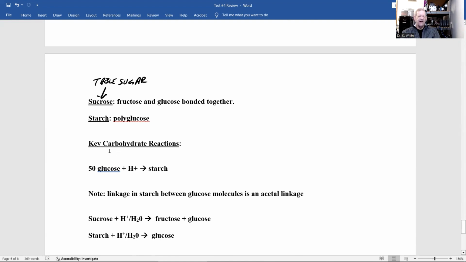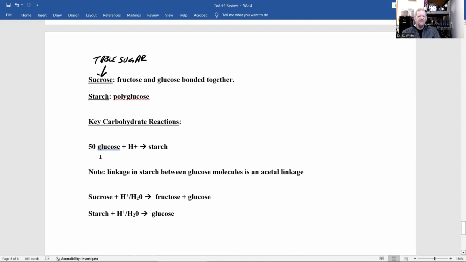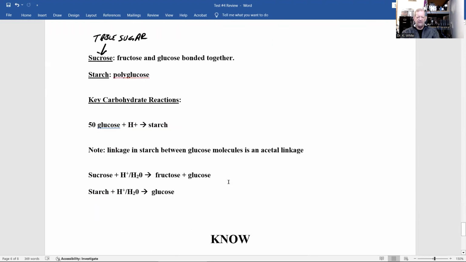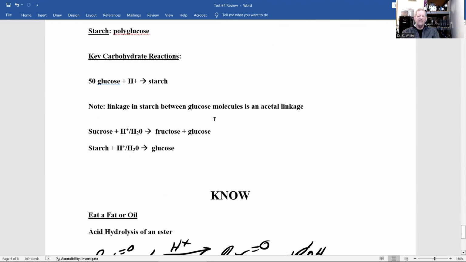Now, key carbohydrate reactions. You take a lot of glucose and react with acid, you'll form starch. You'll link them together in this type of reaction right here. And the linkage between glucose molecules in starch is an acetal linkage. And same thing in sucrose.